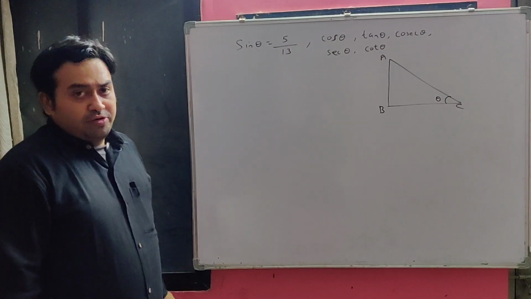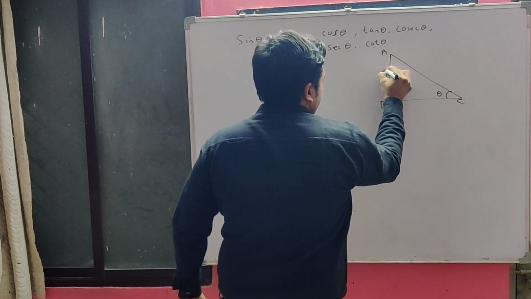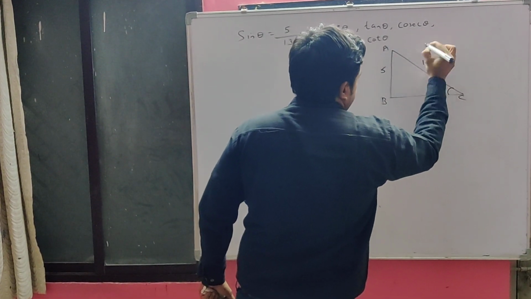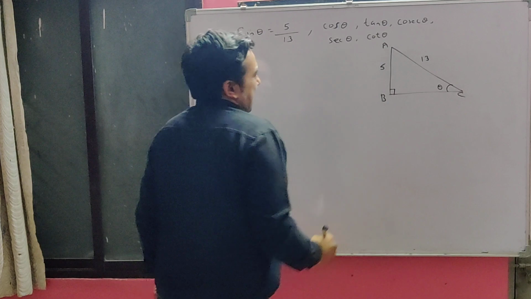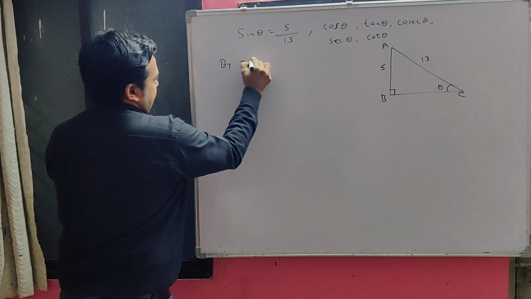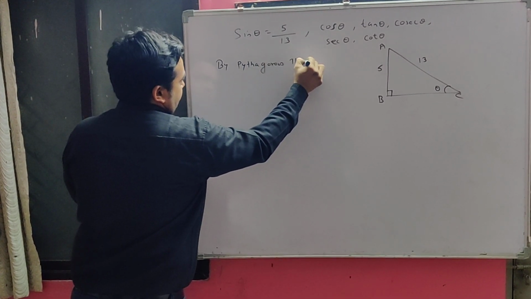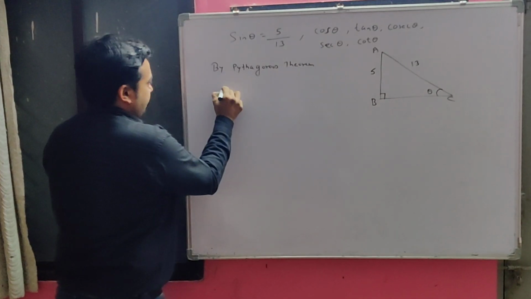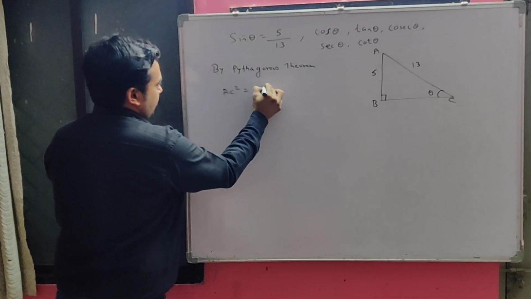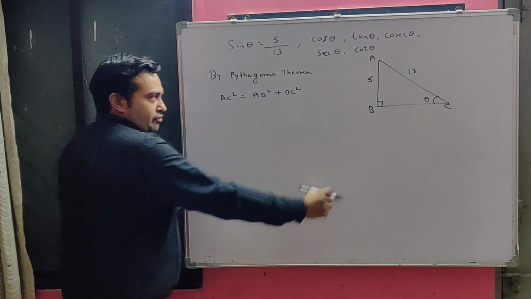If this is the theta, we'll name the triangle A, B, C. For sine theta we know the formula is opposite side by hypotenuse. So opposite is 5 and hypotenuse is 13. We all know by Pythagoras theorem, AC square is equal to AB square plus BC square. So we need to find BC.